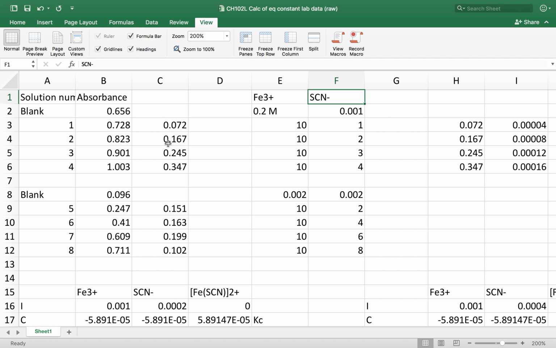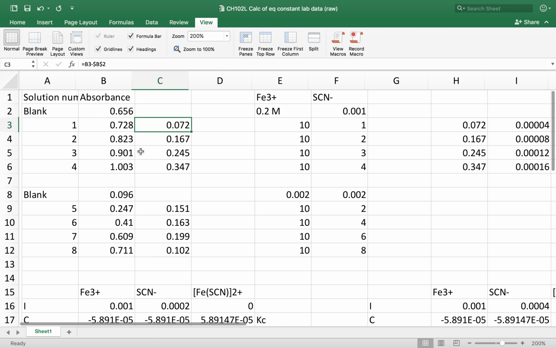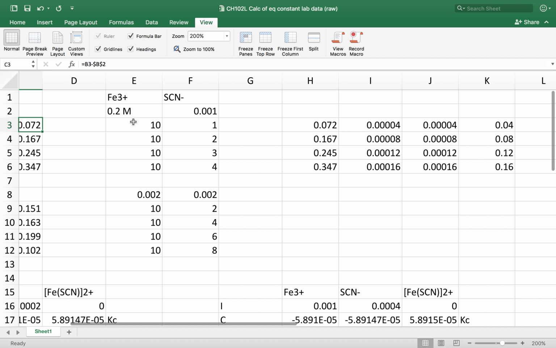Okay, and so what we need to do is figure out the concentration of this, and the way that we do that is by dilution. If we start with a 0.001 molar solution, we started with 1 milliliter of that, and so what we can effectively do is calculate the concentration.